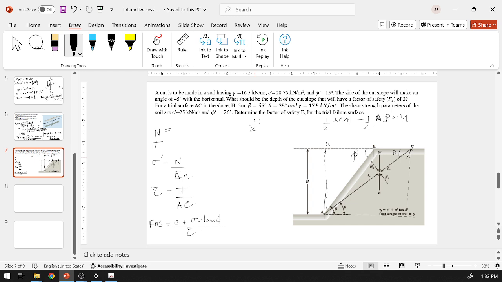So we will get the area of this triangle, which is simply half of BC into H. But how do we take BC?